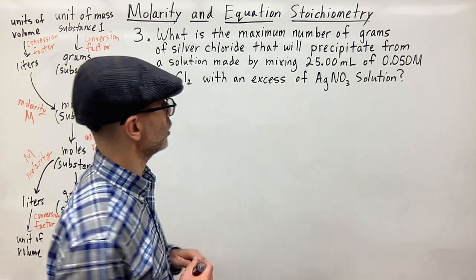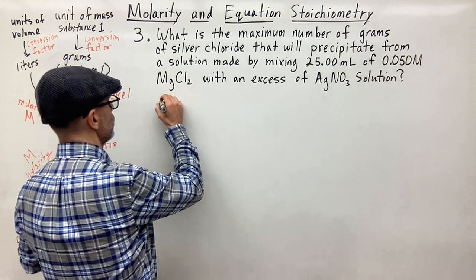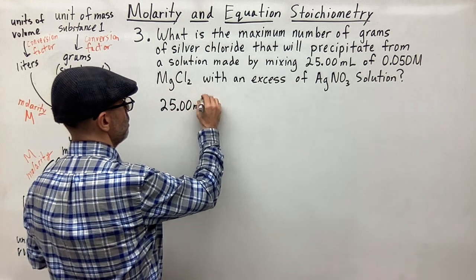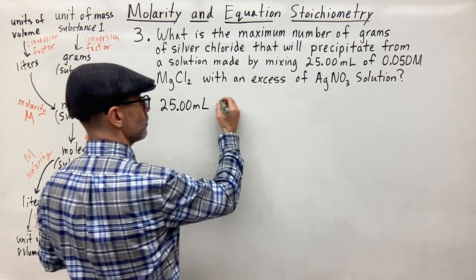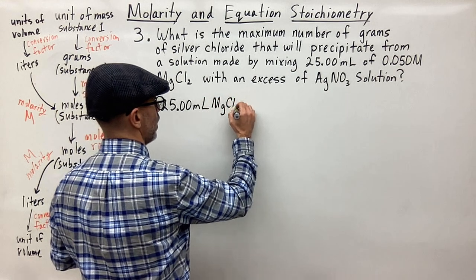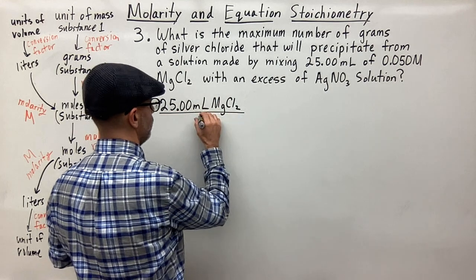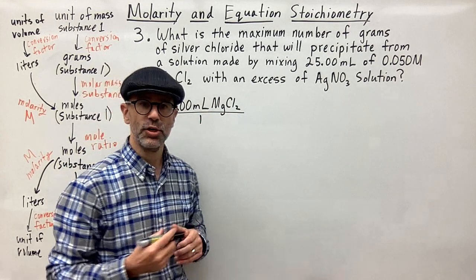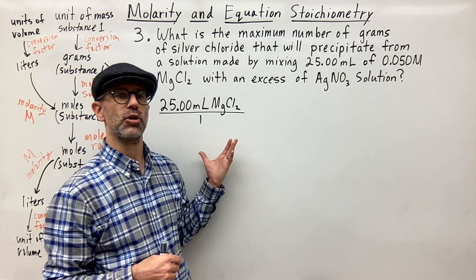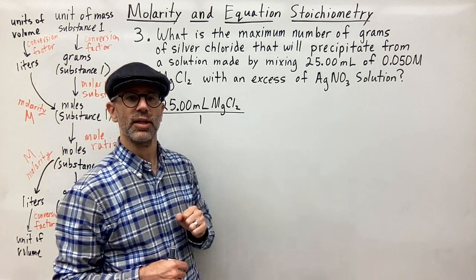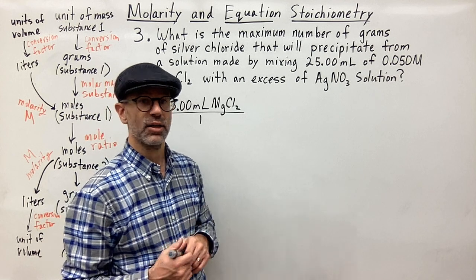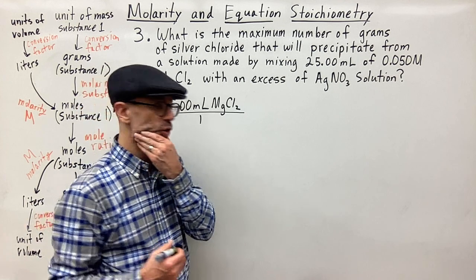So we're going to start with our 25.00 milliliters of the MgCl2, so magnesium chloride. And we're going to use our conversion factors to convert from the milliliters of magnesium chloride all the way to the grams of the silver chloride.